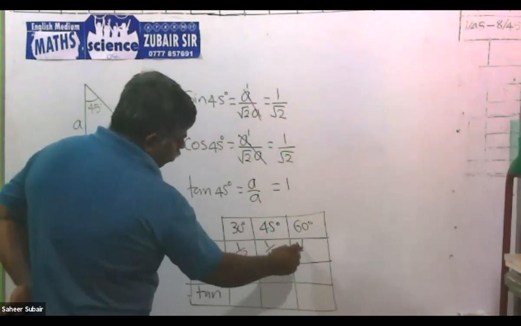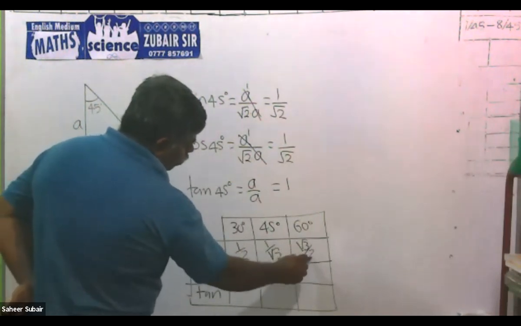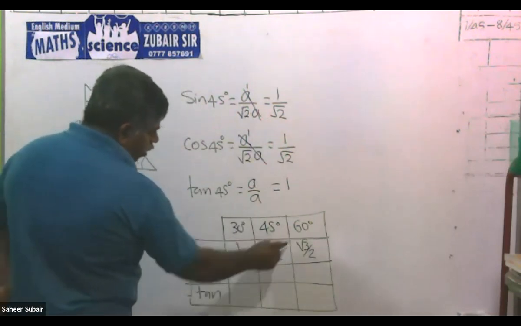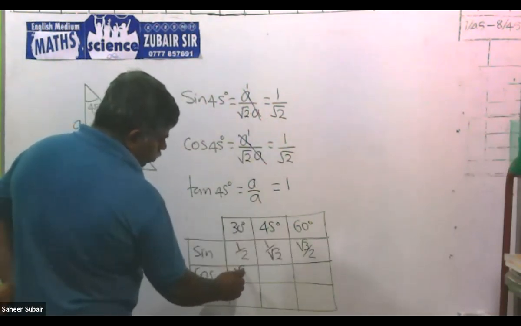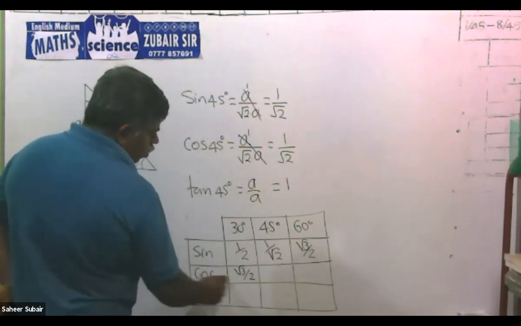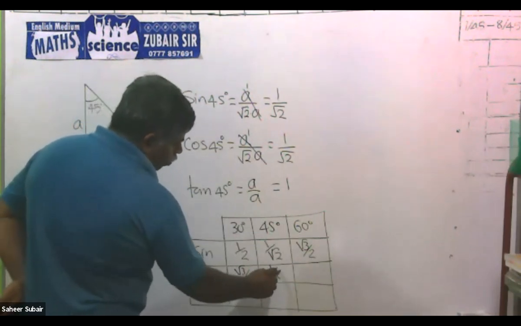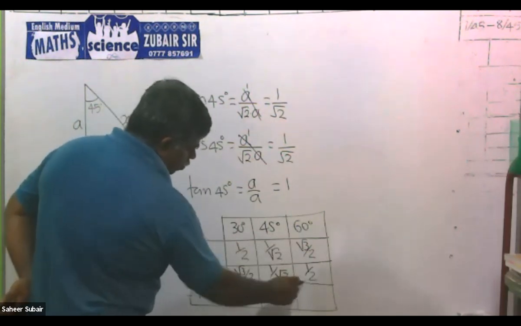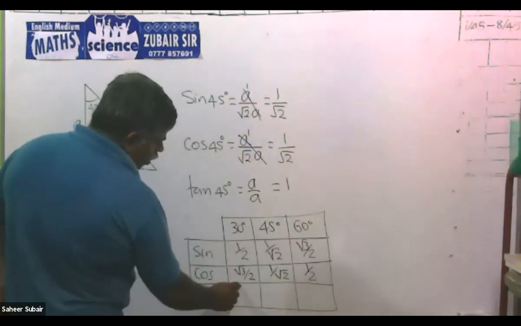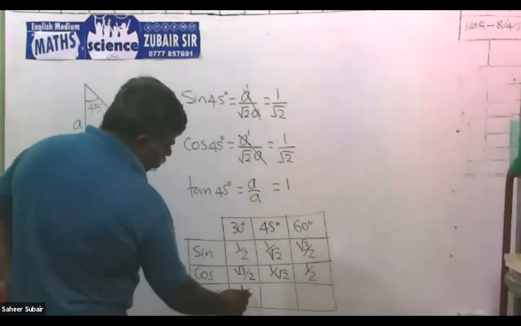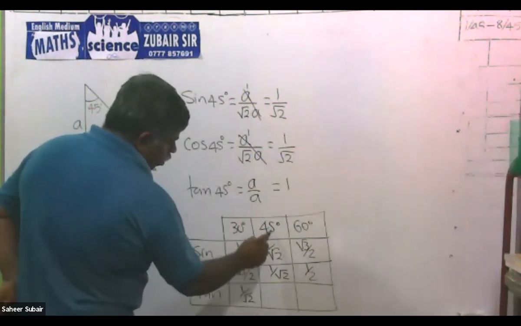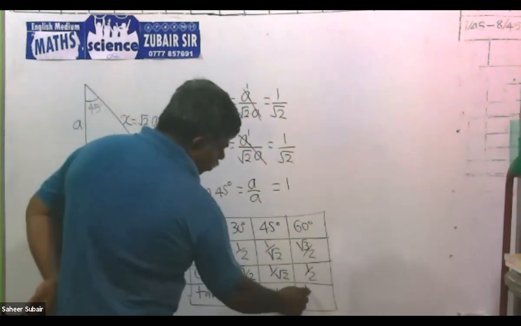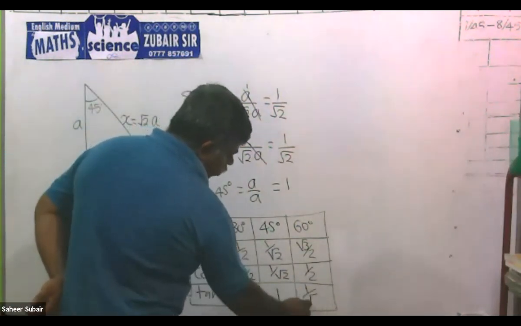Sine 60 you are getting root 3 over 2. Cos 30 you are getting root 3 over 2. Cos 45 you are getting 1 over root 2. Cos 60 you are getting half. Tan 30 you are getting 1 over root 3. Tan 45 you are getting 1. Tan 60 root 3.